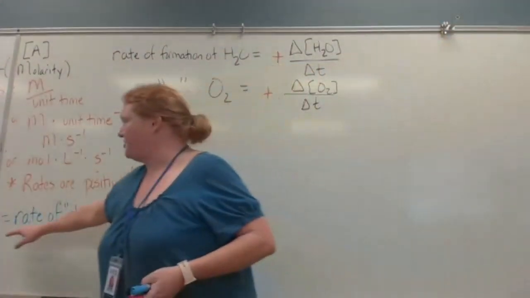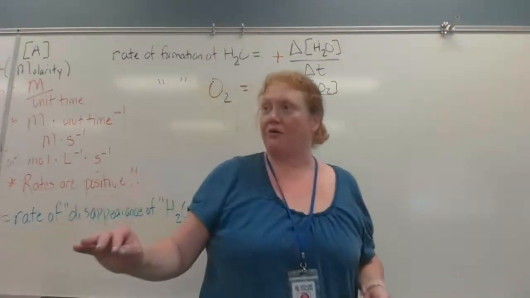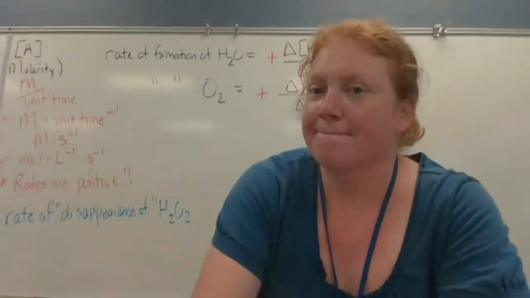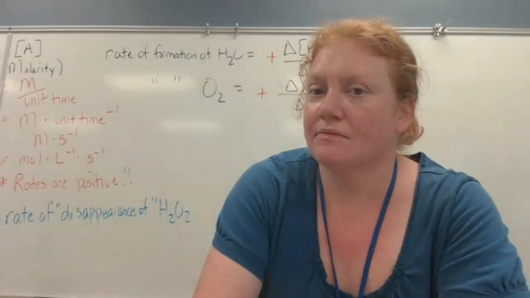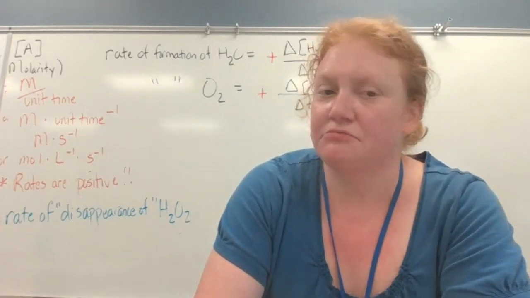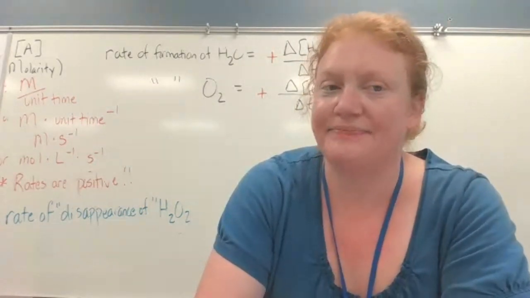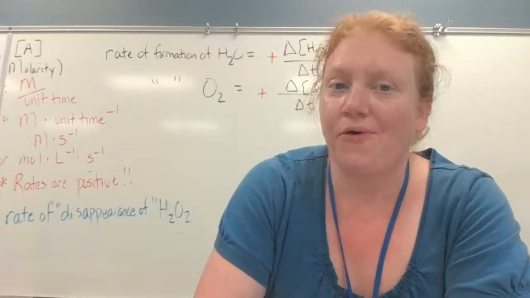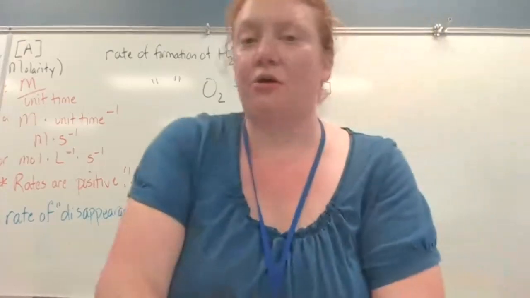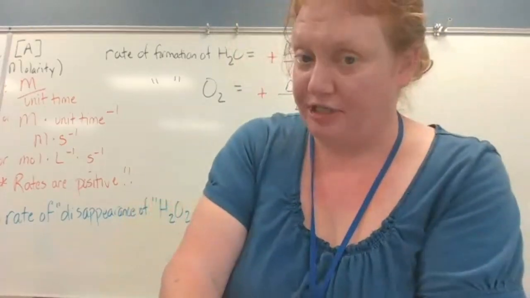Here's another nifty thing. What's going to happen to the rate itself of my reactant over time? Take a look at this data. So over time, we know that the concentration will decrease.